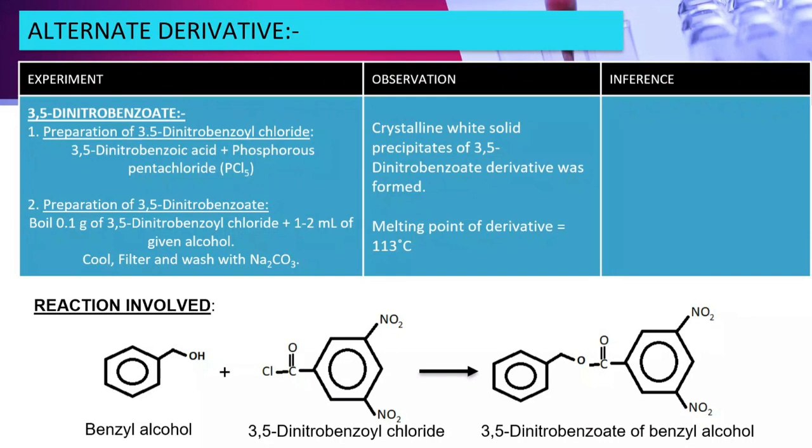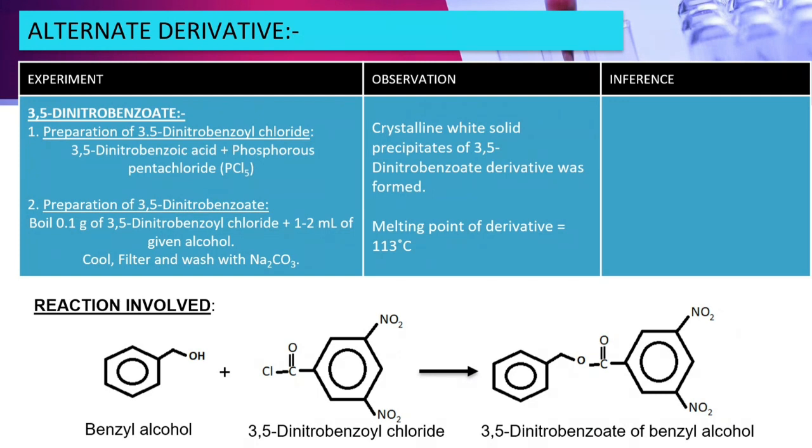From this prepared 3,5-dinitrobenzoyl chloride, we proceed to the preparation of 3,5-dinitrobenzoate. In a dry conical flask, we warm 0.1 gram of the prepared 3,5-dinitrobenzoyl chloride on a sand bath. Then to this we add 1-2 ml of the given alcohol. We heat the contents on the sand bath for 5 minutes.